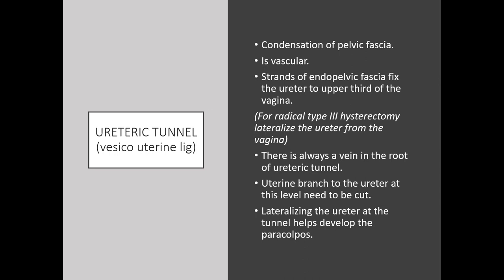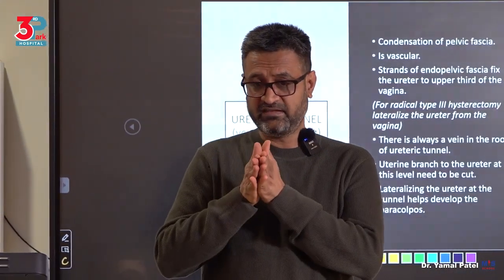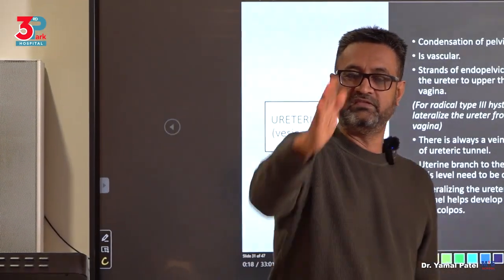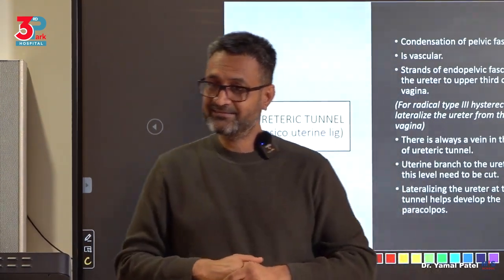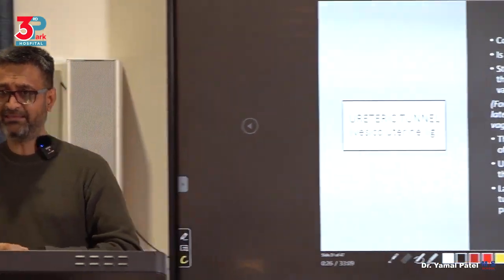The vesicouterine tunnel or the vesicouterine ligament is where the ureter goes all the way in, and then there is the knee of the ureter where it will first go lateral and then turn medial, then go over the anterior vaginal wall to enter into the trigone, right? So that is important for you to understand.